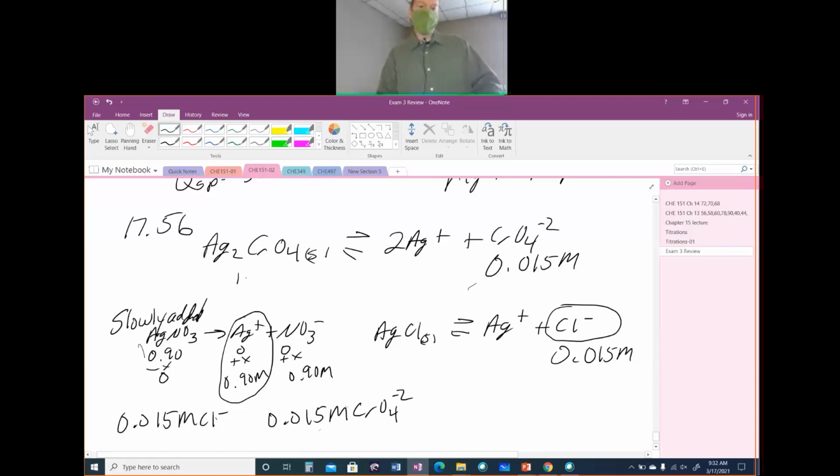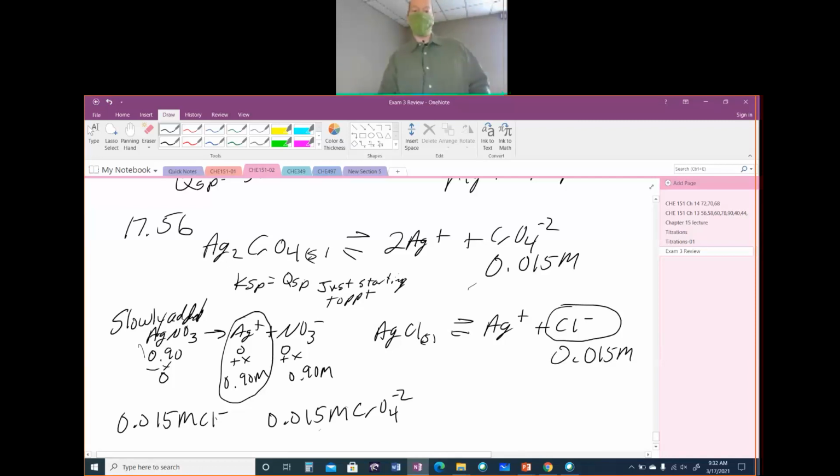So when your KSP is equal to your QSP, that's when it's going to just start to precipitate. So it's at equilibrium. You add one more drop of your Ag plus, you're going to get a precipitate.